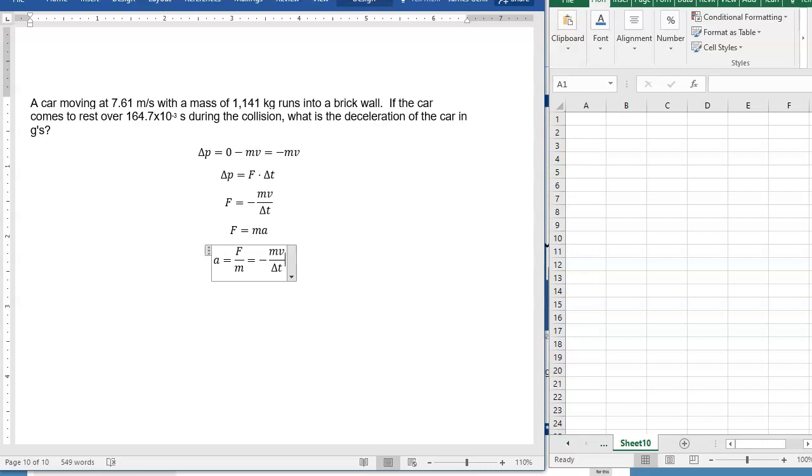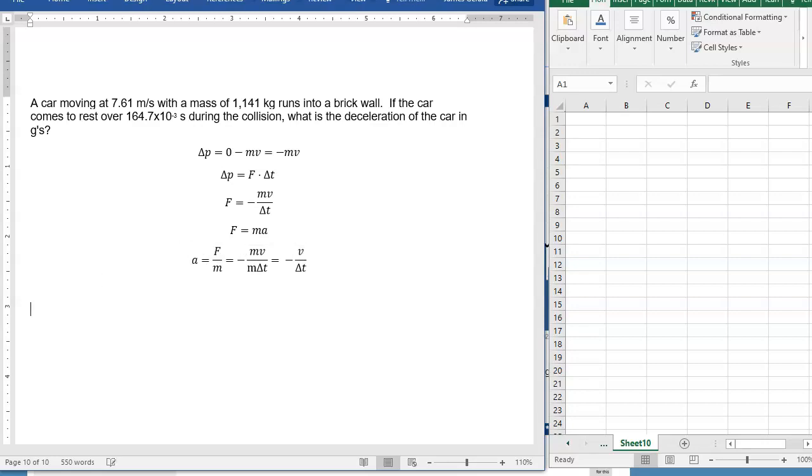And we're going to divide all that by m, which gives us another m down here in the denominator. And so what do we end up with? We end up with minus v over delta t. And so that's going to be the acceleration of the car, or the deceleration.